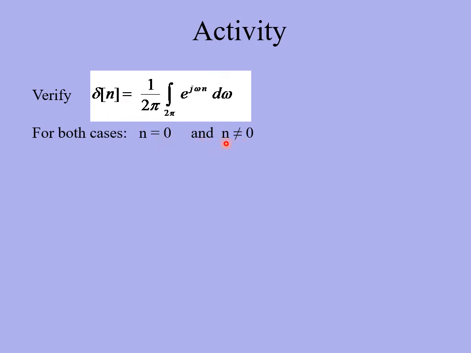Then plug in a non-zero value of n and see if you get the correct value for the delta function when n is not equal to 0. Go ahead and pause the video and see if you can figure this out. This will be good practice in handling these integrals.